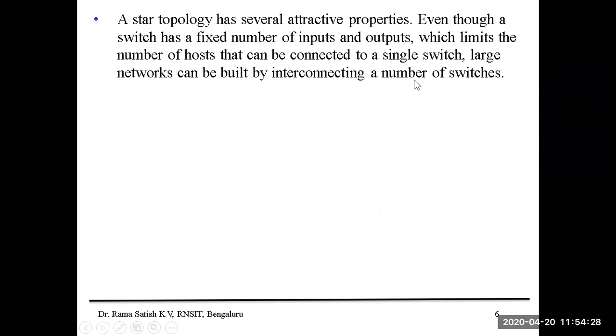And observe very keenly, the star topology has several attractive properties. Even though switches have a fixed number of inputs and outputs, which is limited, this limits the number of hosts that can be connected in a single switch, that is, a single star topology.